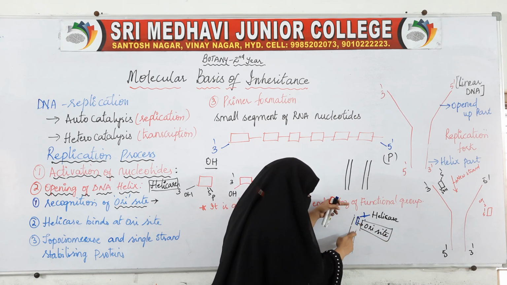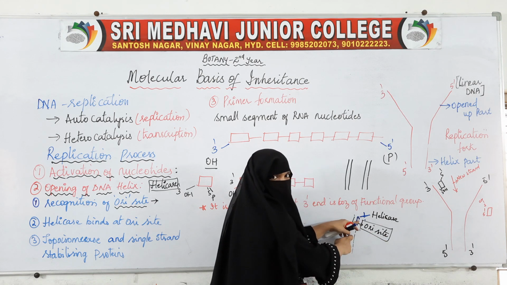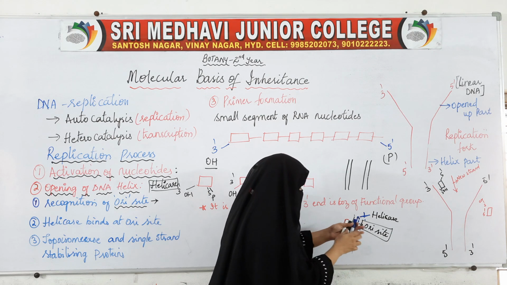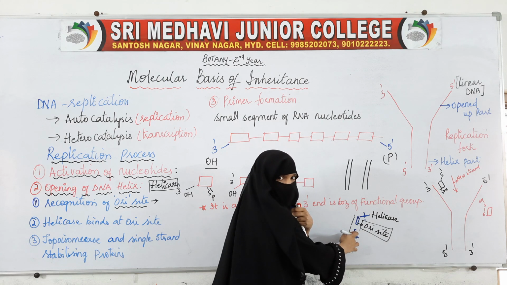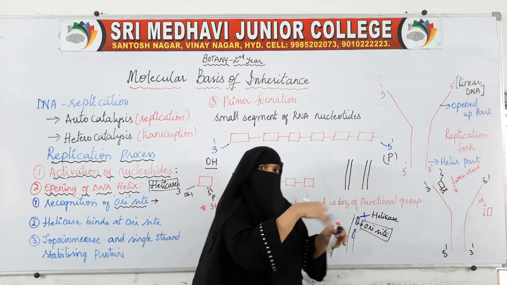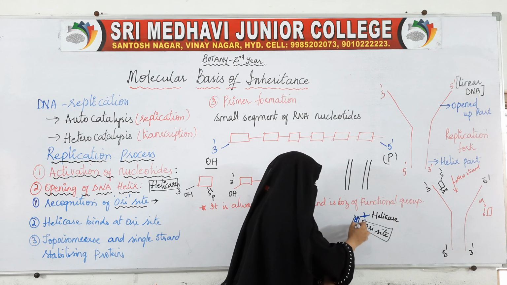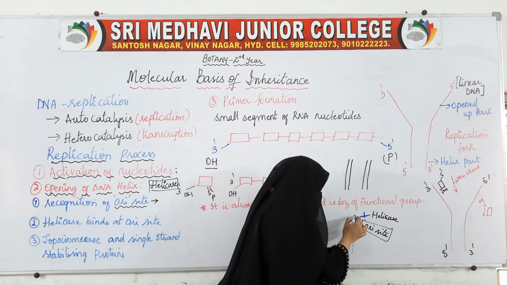As it is moving towards this place, this part was open, but when this helicase moves to the next place, this part will become coiled again. So there is always tension.